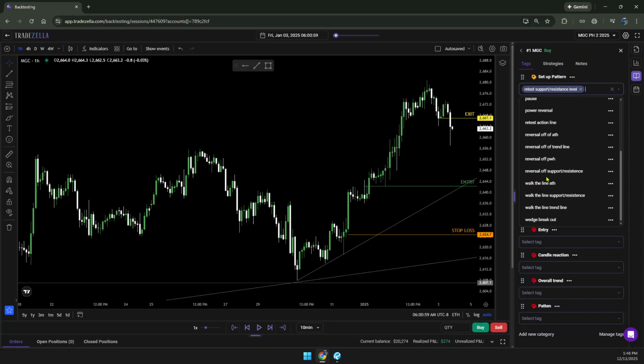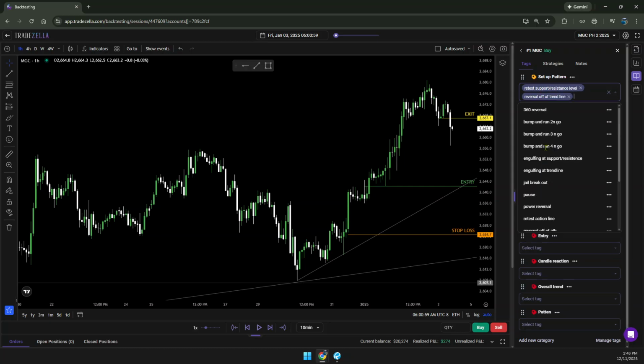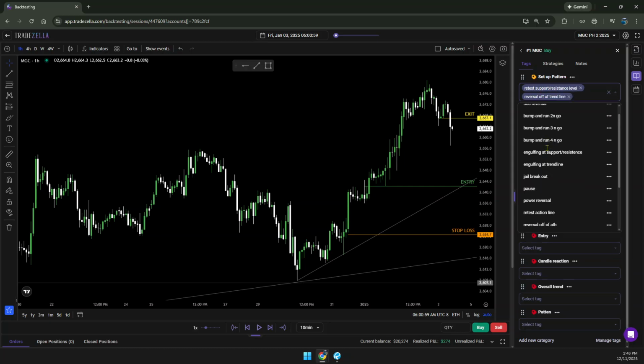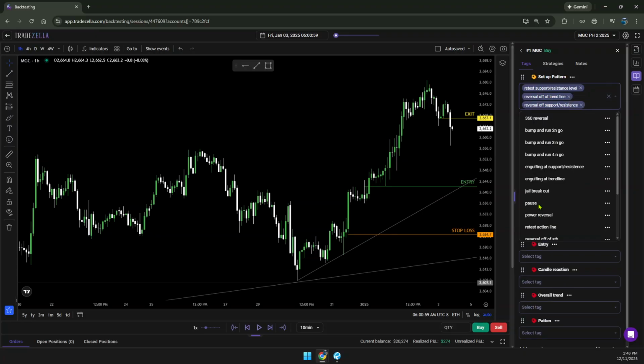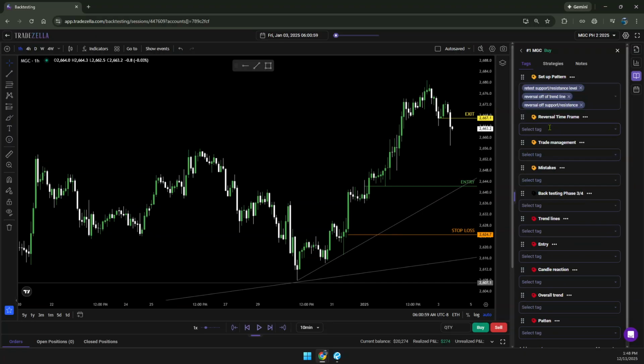A reversal off the trend line, and also a reversal off of support resistance. My setup pattern was clear in both 1 hour and 4 hour, not just one or the other.